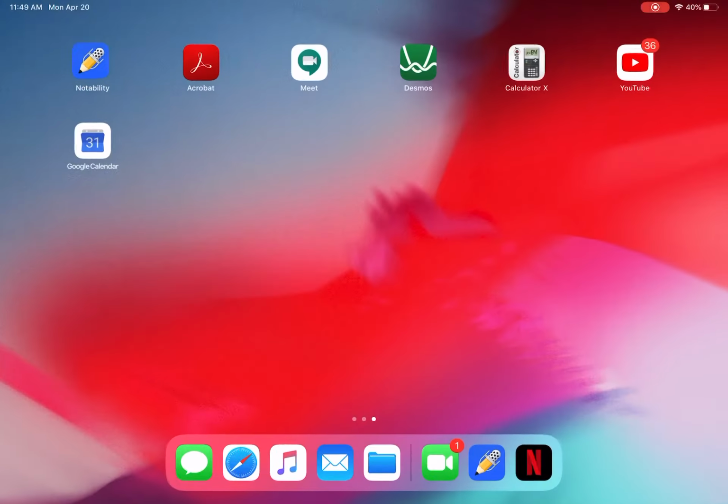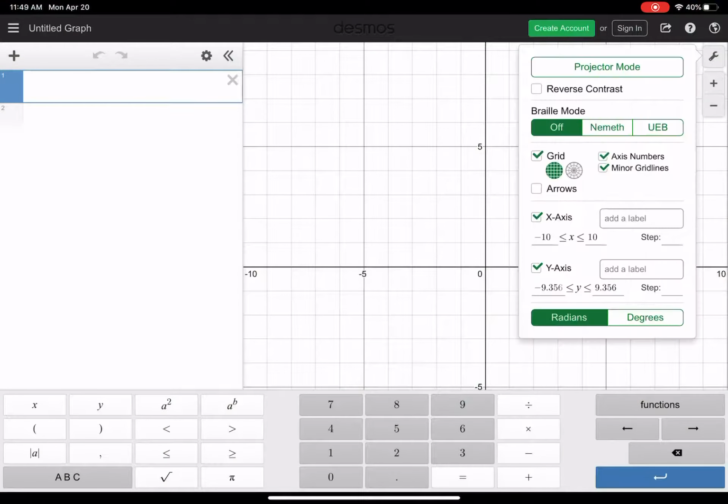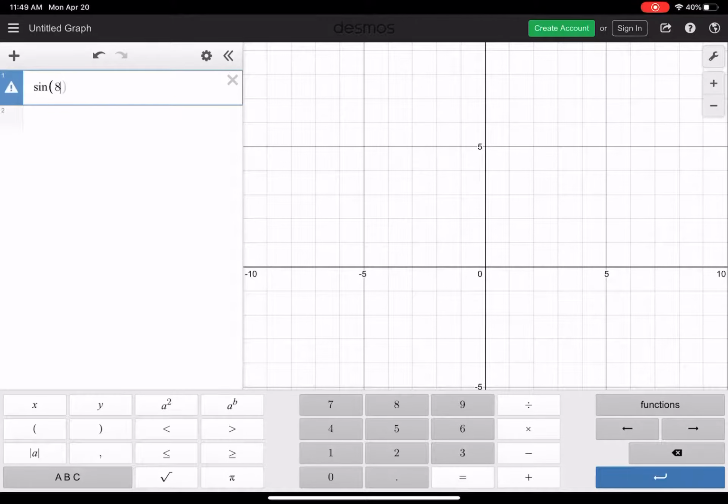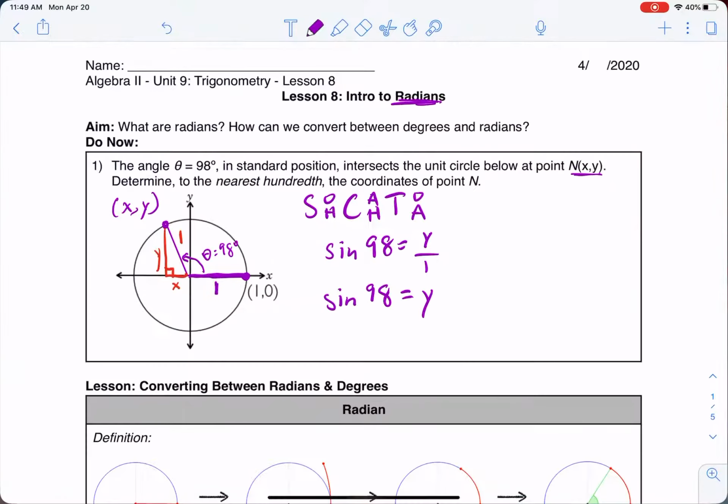Now I'll just turn to my calculator and make sure I'm set into degrees. So all I have to do here is find sine of 98, and I get 0.99. So y equals 0.99.